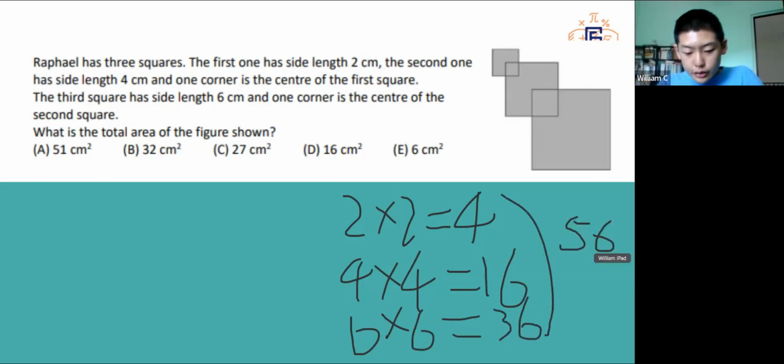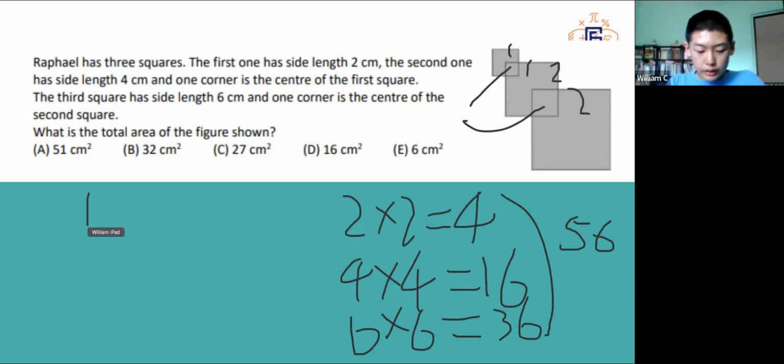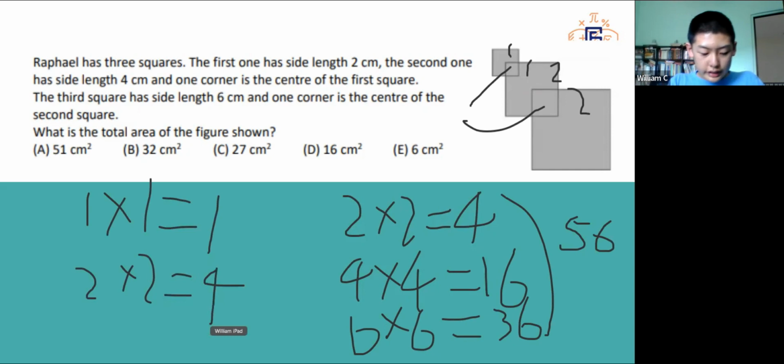However, there are these two squares that are counted twice, so we need to find the areas of them. This square is a 1 by 1 square. This square is a 2 by 2 square. We have to subtract 1 times 1 equals 1, 2 times 2 equals 4. So in the end, it's 56 minus 1 minus 4 equals 51.